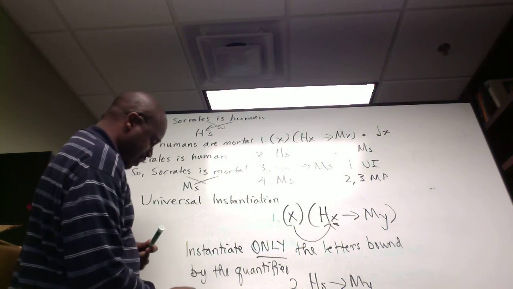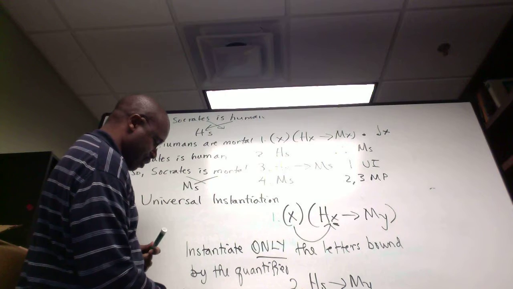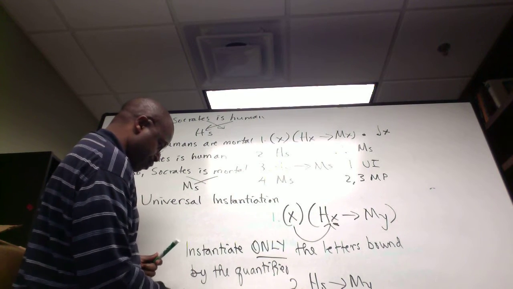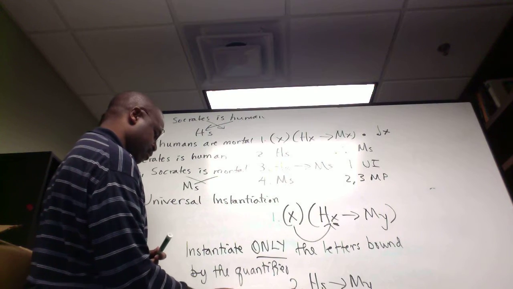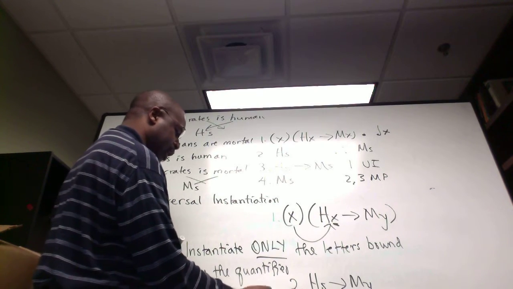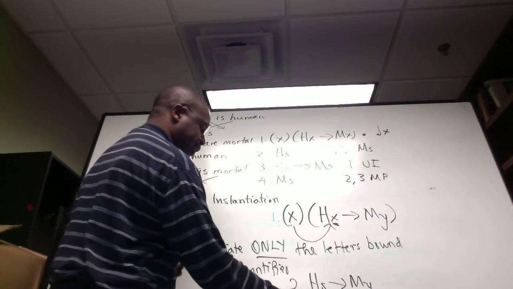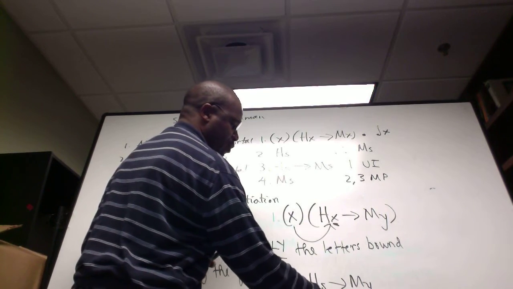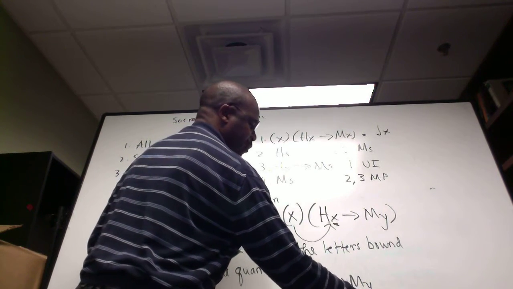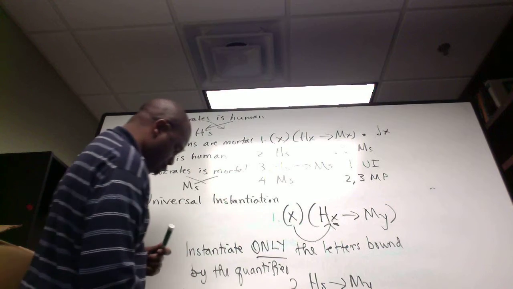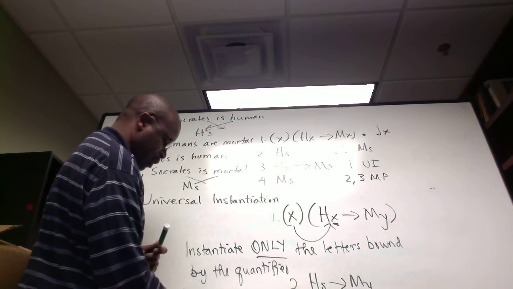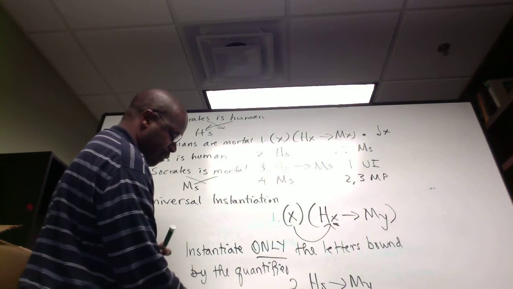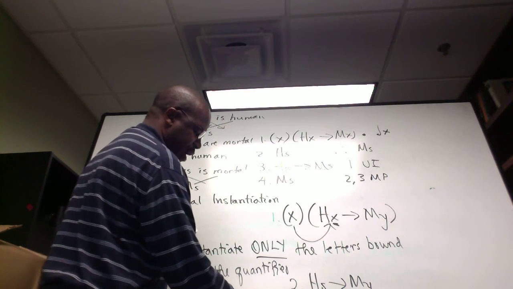So the next rule is instantiate only the letters within the scope of the quantifier.